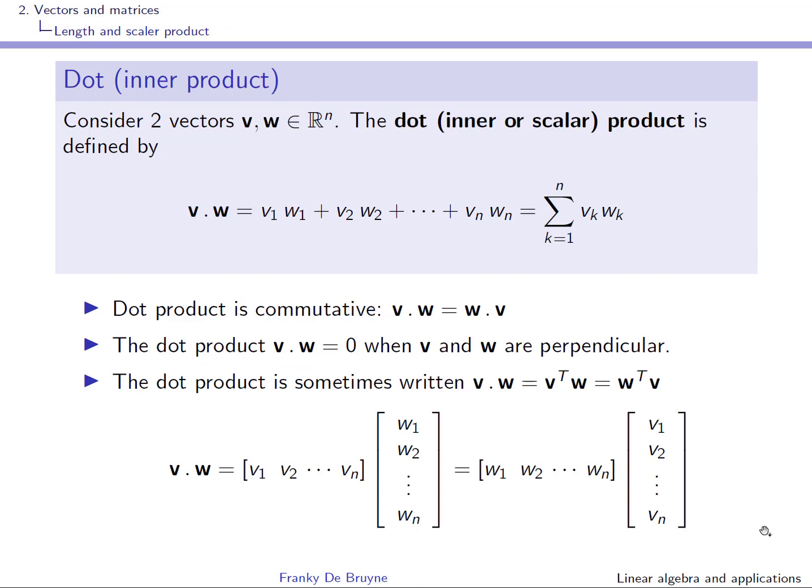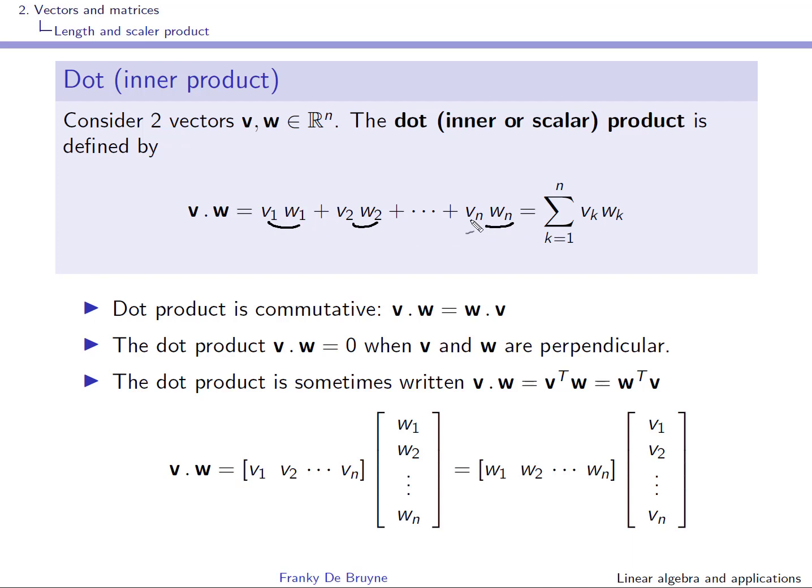So we can generalize something that you know, which is the scalar product, to Rn. It's called scalar product because it produces a scalar, but sometimes you will see dot product or inner product in English. So the scalar product of two vectors v and w in Rn is simply obtained by multiplying component by component and then by adding the results.